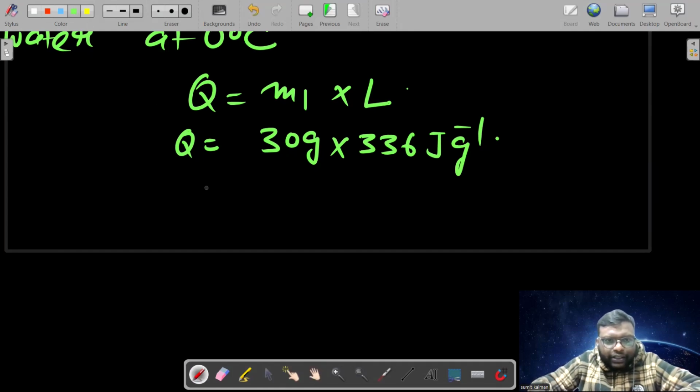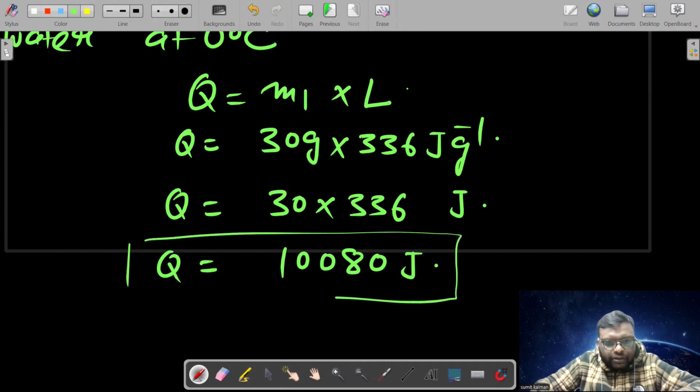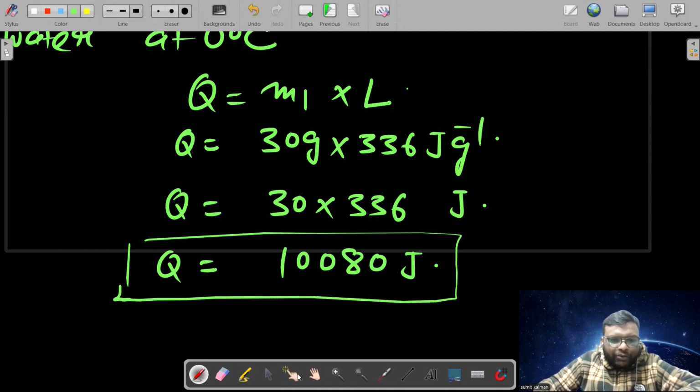So here Q will be equal to 30 into 336, and we are left with joule. If you multiply 336 into 30, it will come out to be 10080 joule. This is the heat absorbed by the ice when the ice converts into water at 0 degrees Celsius.